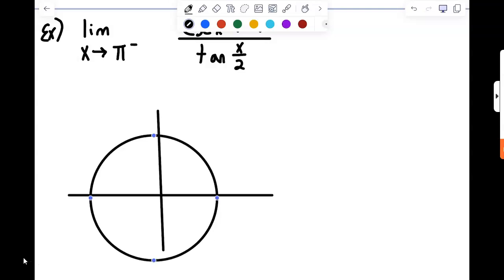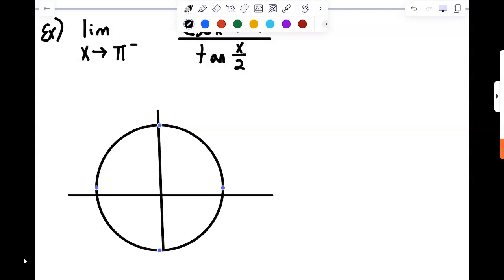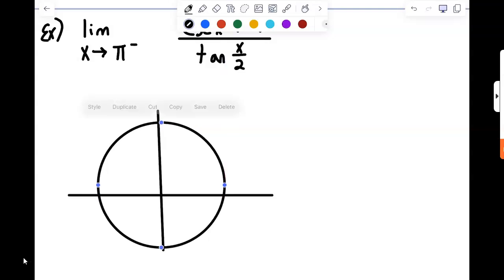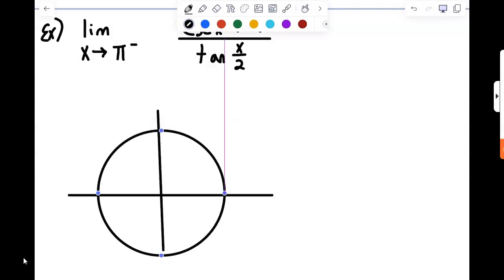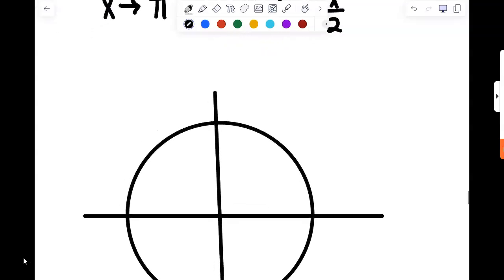So get myself a circle here. Actually, hold on here. Need to move that down. There we go. Okay, so there I have a unit circle. And we're approaching pi, so that would be, of course, over here.